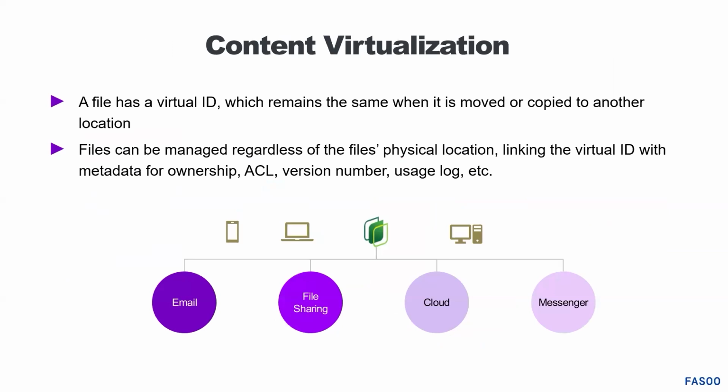So one of the approaches that we have to this is what we call content virtualization. And what happens in this case is every document gets what we call a persistent identifier or a virtual ID or a content ID. They're kind of interchangeable.